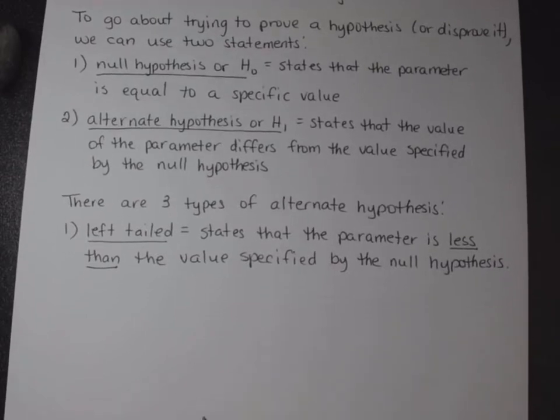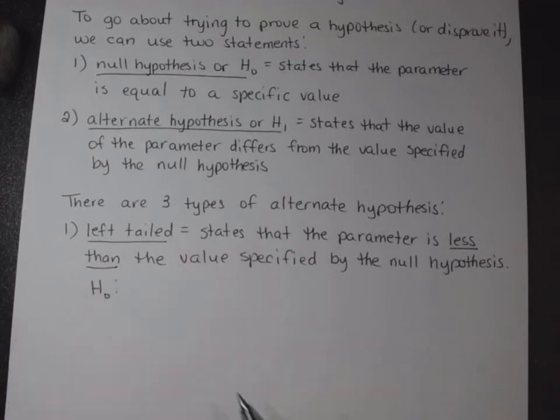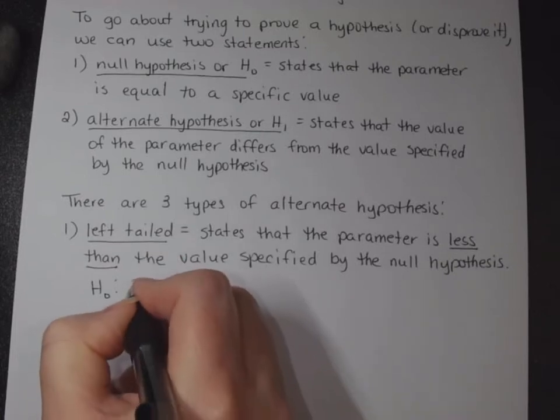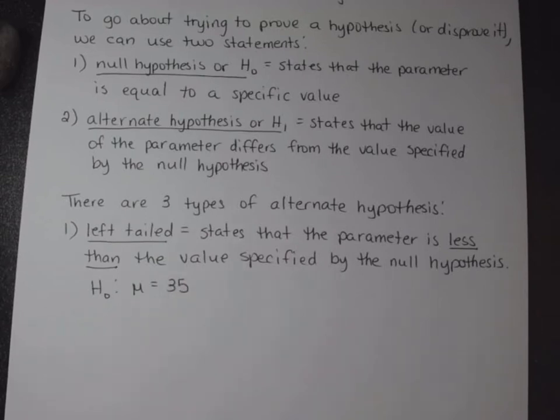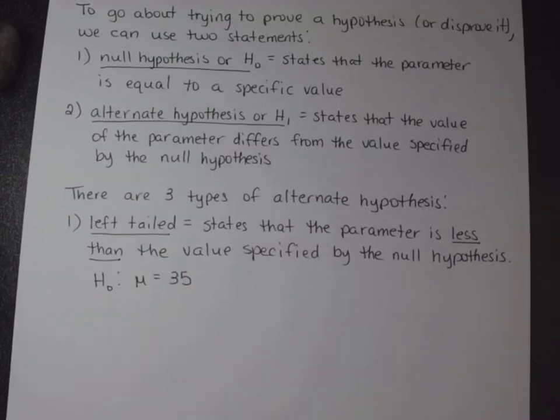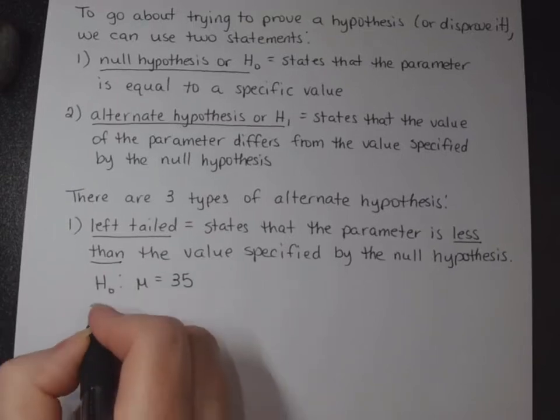So here's an example of a left-tailed test. Let's say you're measuring something. Let's say you're measuring average temperature in Colorado in March, or maybe February. And let's say that our hypothesis is that the average temperature is going to be 35. Our null hypothesis always states that the mean or a value is equal to something.